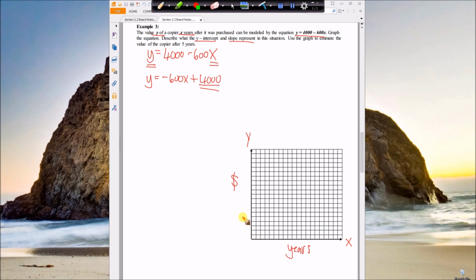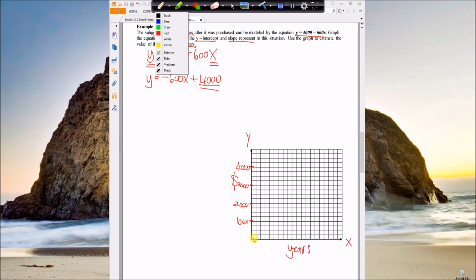I'm going to go ahead on my graph here and say let 4 blocks or 4 units represent 1,000. So 1,000, 2,000, 3,000, and we'll stop at 4,000. That is the y-intercept. Okay, and then time in years, they're talking about 5 years here, so it's probably fair to go with years in units of 1.